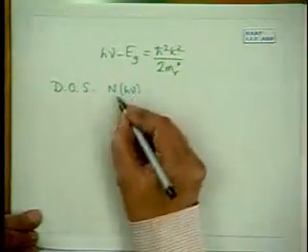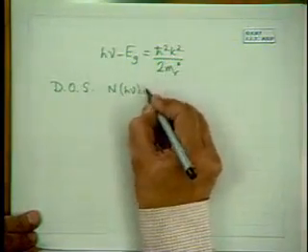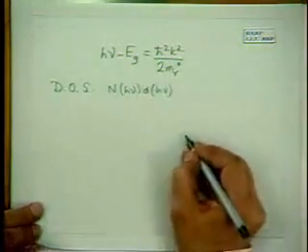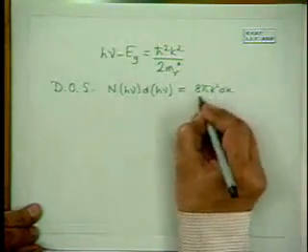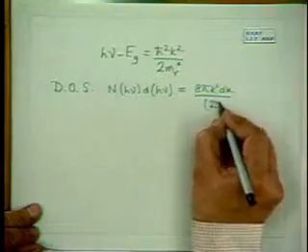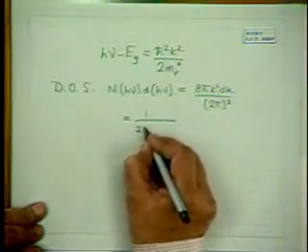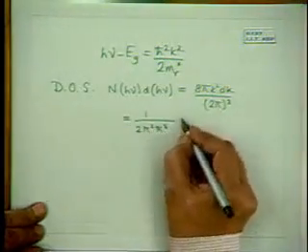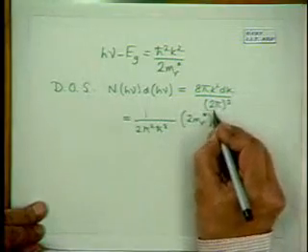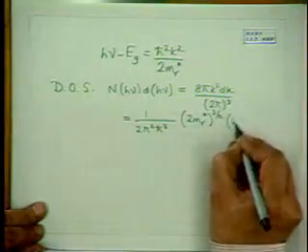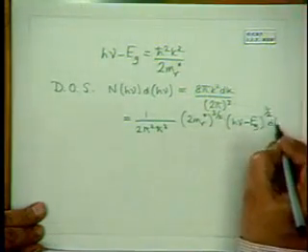The number of states having energies between E and E plus dE is N(h nu) d(h nu), that is equal to 8 pi k squared dk over 2 pi cubed, or this is equal to 1 by 2 pi squared h cubed, and here we have the reduced effective mass, twice mr star to the power 3 by 2, h nu minus Eg to the power half, d(h nu).